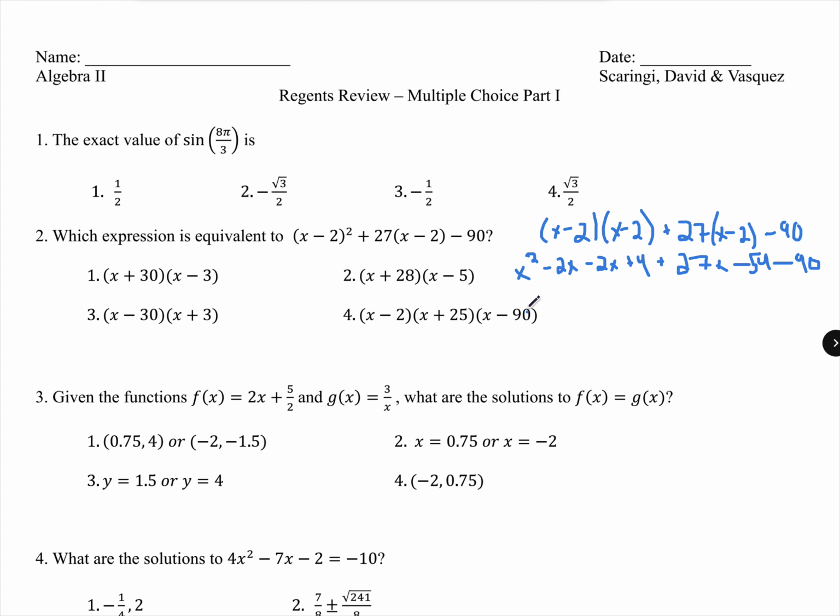Now I'm just combining like terms. The x squared, there's nothing to combine it with. Negative 2 minus negative 2 gives me negative 4, plus 27, that's going to be a positive 23x. Then positive 4 minus 54 gives me negative 50. Negative 50 minus 90 gives me minus 140.